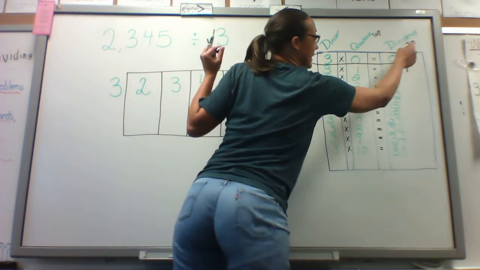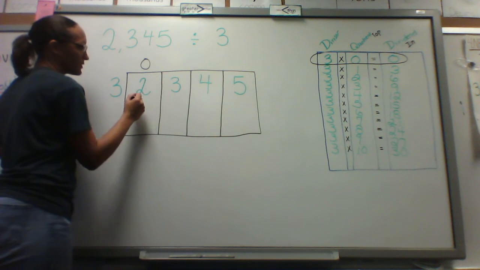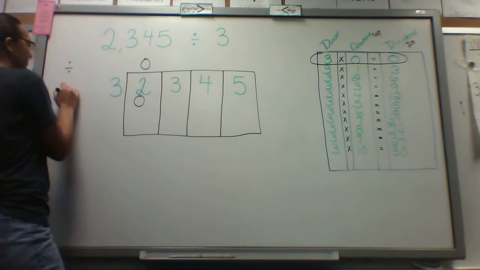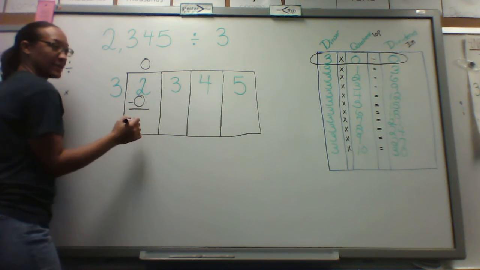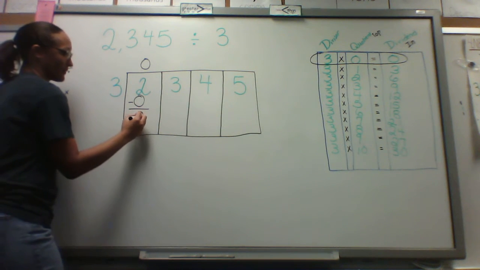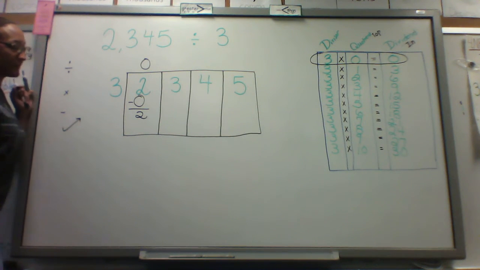Which one goes on the inside? 0. Here goes 0. Here goes 0. Now, after I divide and multiply, I'm getting ready to subtract. 2 minus 0 is 2. After I subtract, I got to bring that number on over.